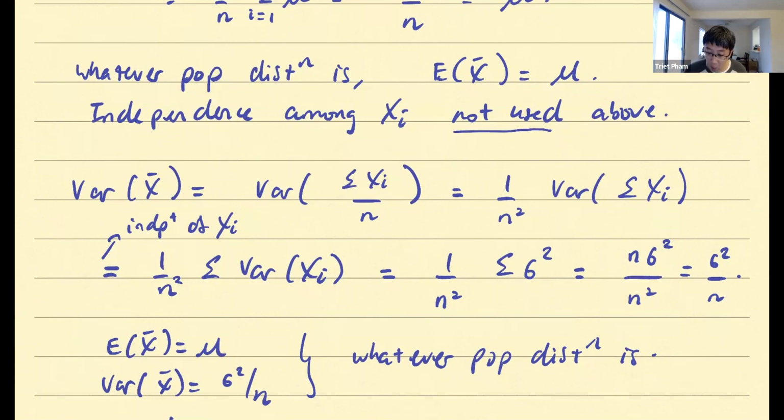So when we say that X bar is on average on target, it means that if you form, let's say, 1,000 samples from the same population, meaning you keep doing the experiment over and over again, then each experiment gives you a different value of sample mean, because it's random. If you average out all the sample means, then they will be very close to mu.